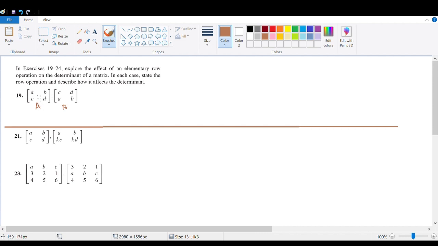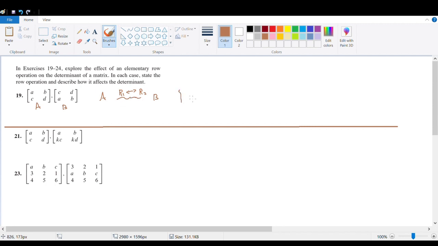The standard one is A, B, C, D. Then we get the matrix C, D, A, B. So if we do a row operation for A, which is we interchange between row 1 and row 2 to get the matrix B, let us see what is the effect of row interchange between these two matrices.